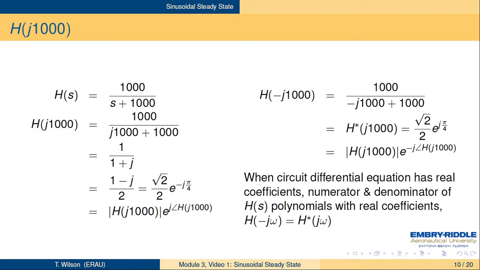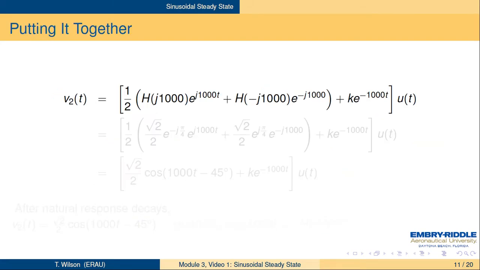And for odd powers of s, when you plug in h of j omega and h of minus j omega, you get the conjugate. If you have j omega to the first power, and minus j omega to the first power, you get minus j omega. So it's always going to be the case that h of minus j omega is the conjugate of h of j omega.